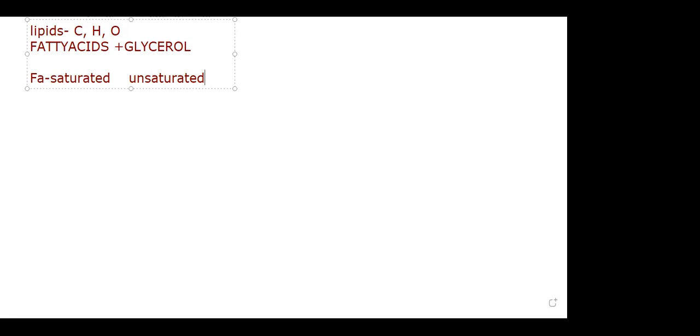Saturated fatty acids are those which do not have double bonds. They have only single bonds. Unsaturated fatty acids are those which possess a double bond between the carbon atoms.